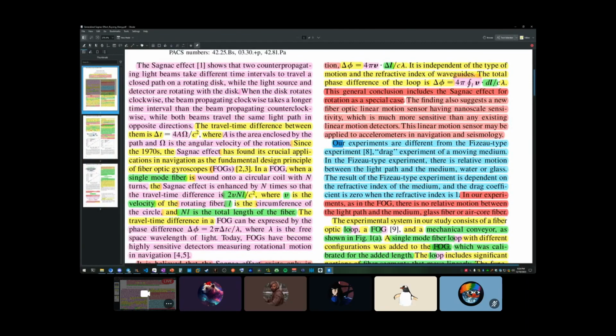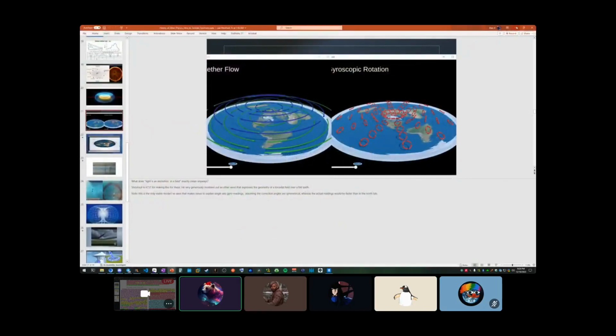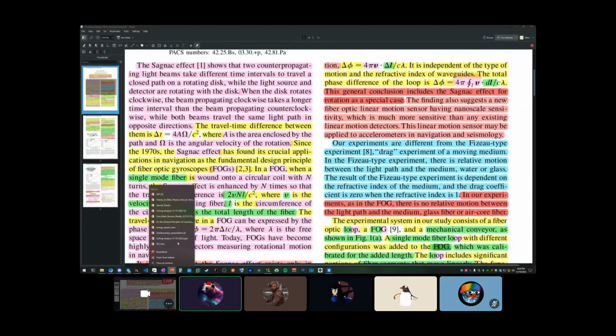But yeah. So our experiments are different from the Fizeau type experiment, the drag experiment of a moving medium. And for those who aren't familiar with your boy Fizeau, I am definitely intrigued. Side prop, shout out to Robert Bennett.